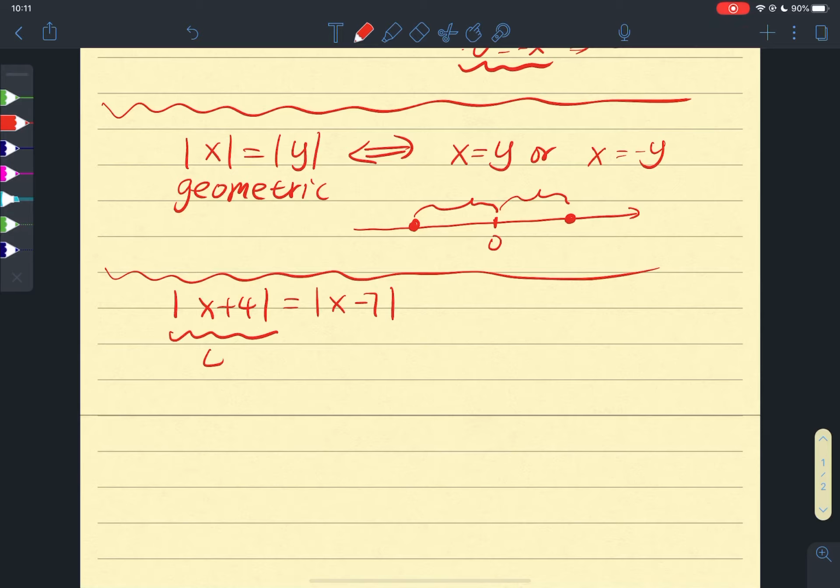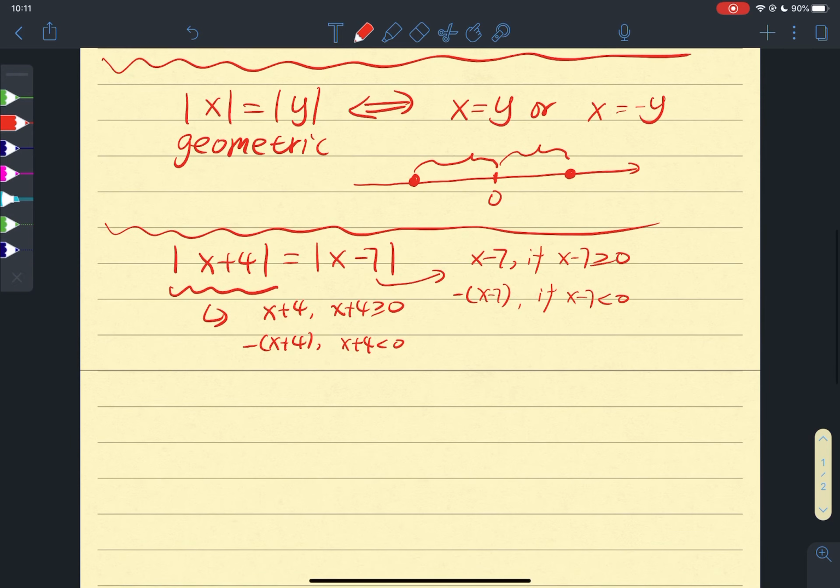So the left side is either x plus 4 when x plus 4 is greater than or equal to 0, or negative of x plus 4, where x plus 4 is less than 0. The other absolute value expression is x minus 7, if x minus 7 is greater than or equal to 0, or it's negative of x minus 7 if x minus 7 is less than 0. So you have so many possibilities. Why don't you just mix and match and go over all of them?